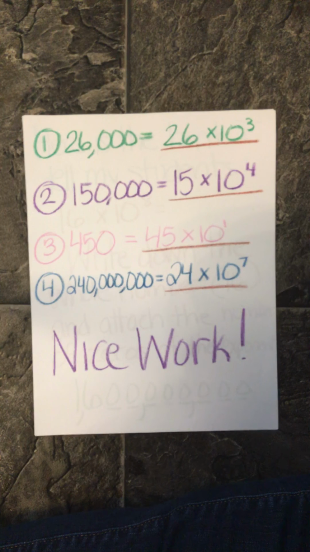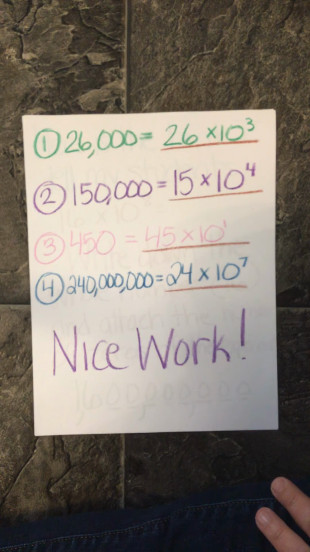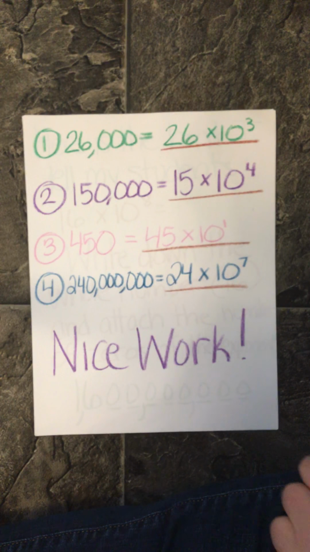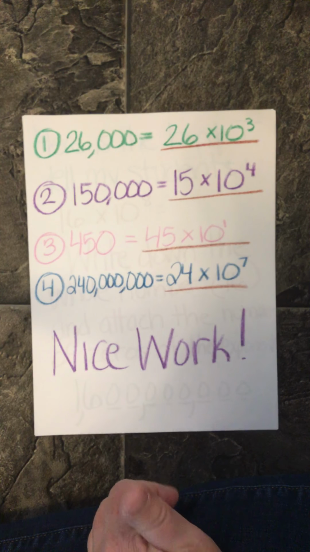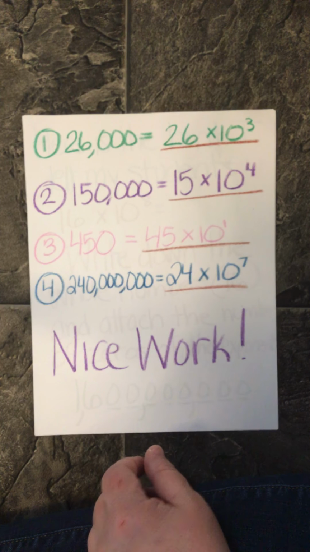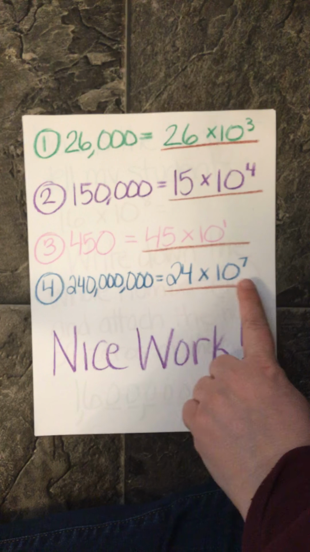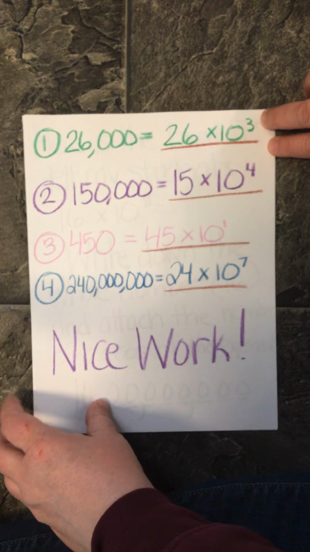Number 3, 450. 45 is our whole number. There's 1 zero. So 45 times 10 to the 1st power. And the last one, 24 is the whole number. It has 7 zeros, 240 million. So 24 times 10 to the 7th power.